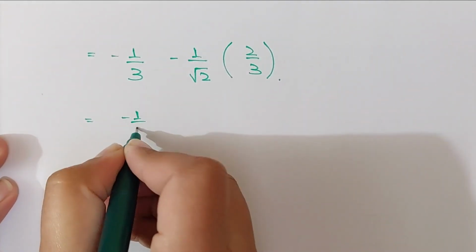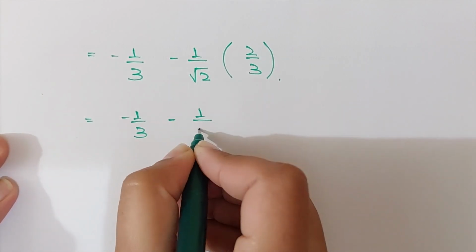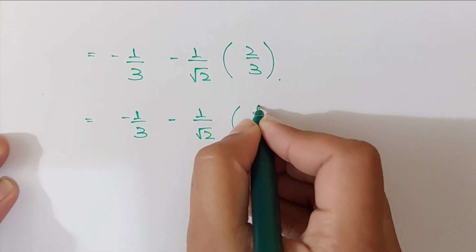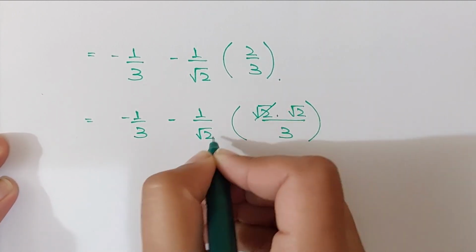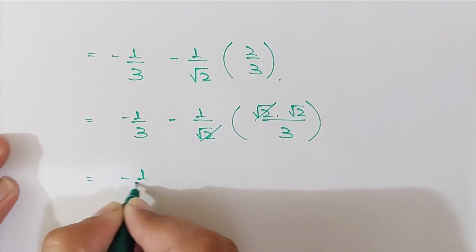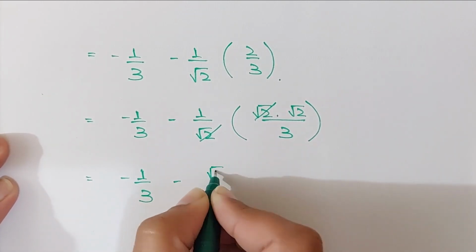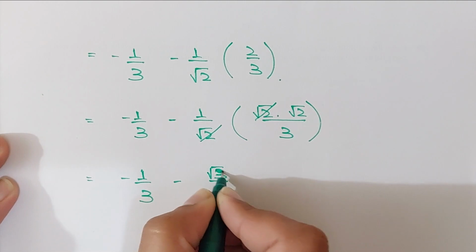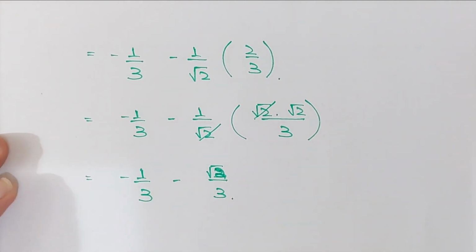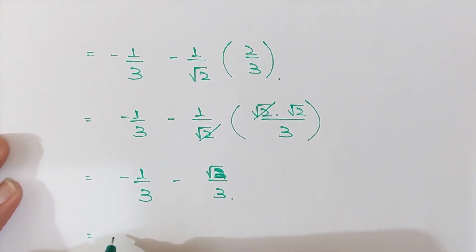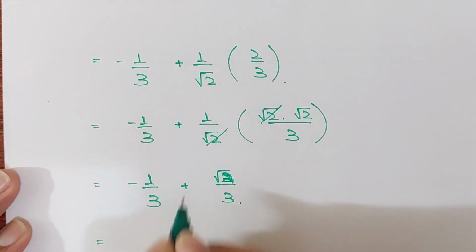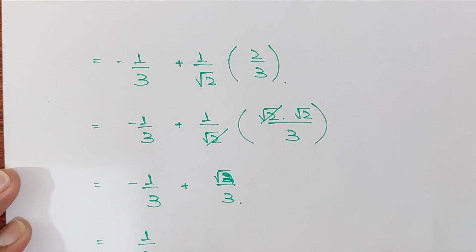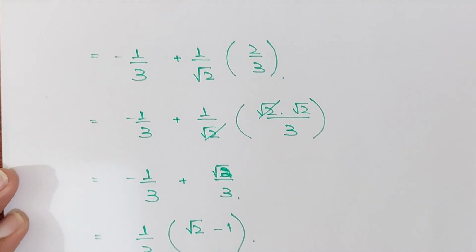This is minus 1 by 3 minus 1 over square root of 2, which we can rewrite as square root of 2 over 3. Let me take 1 by 3 common, so we have square root of 2 minus 1. This is the simplified answer.